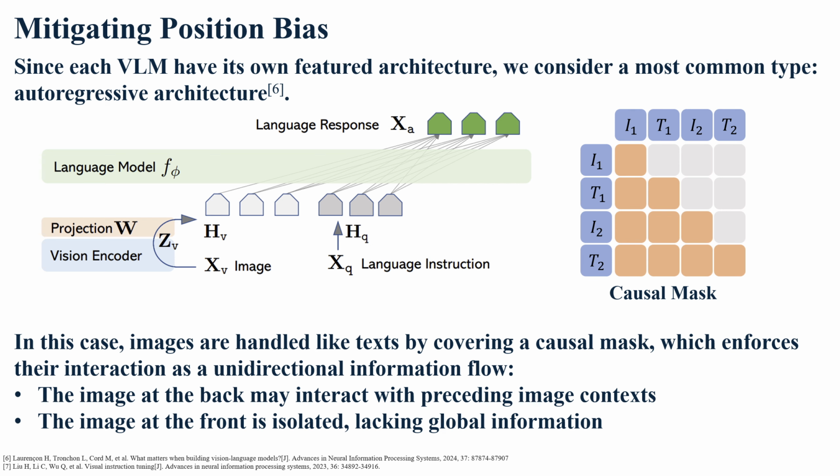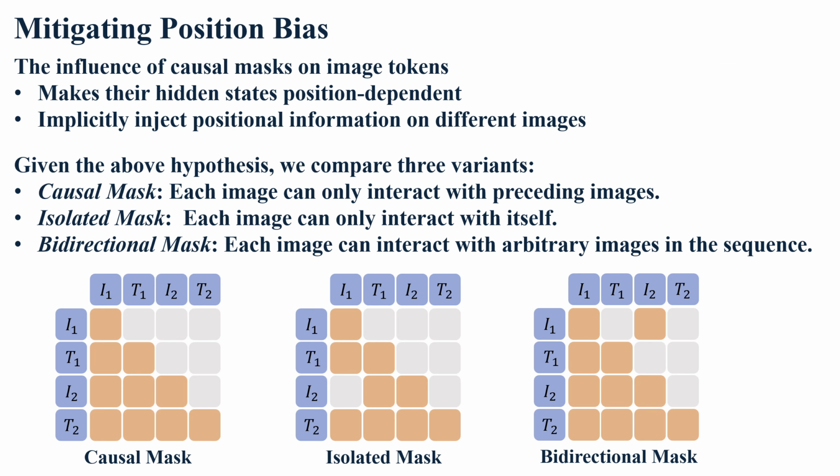In these cases, the images are handled just like text and concatenated with the text tokens, covered by a causal mask, which enforces the interaction such that images at the back can interact with preceding images, while images at the front are more isolated, which means they lack some image information or features from behind. This influence of the causal mask on the tokens essentially makes their hidden states position dependent, and also implicitly injects positional information on multiple different images.